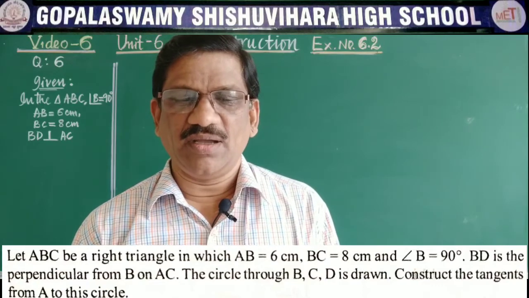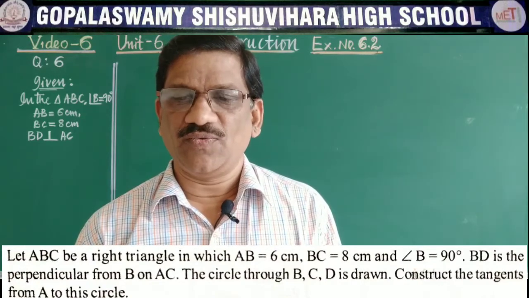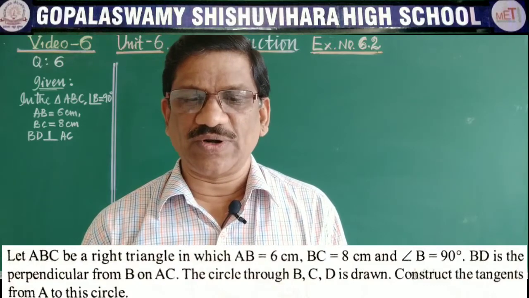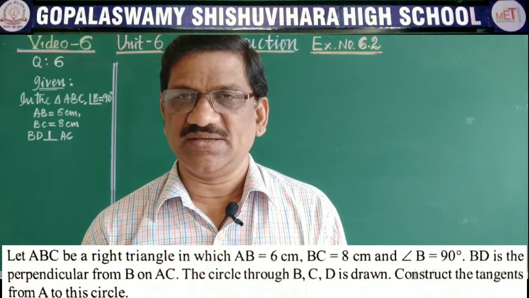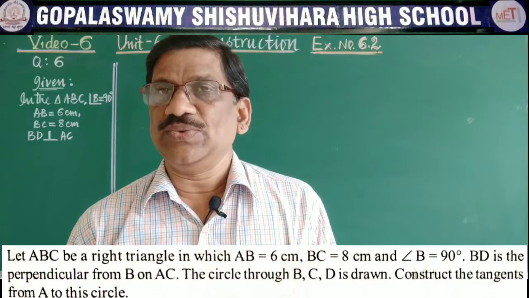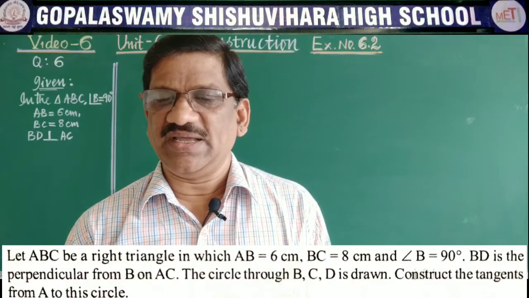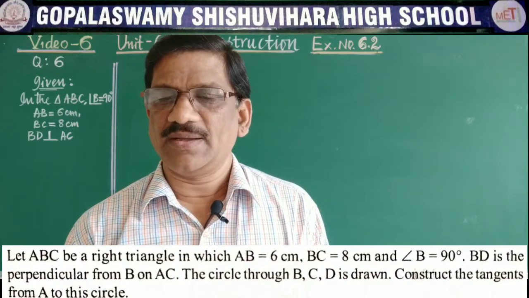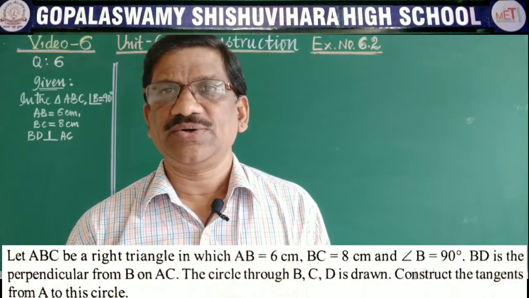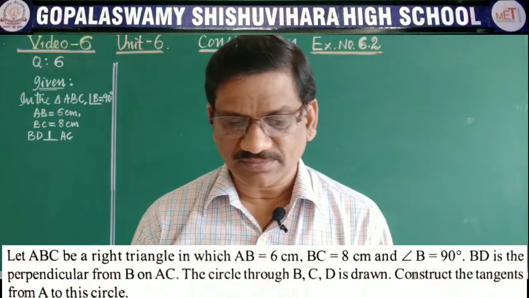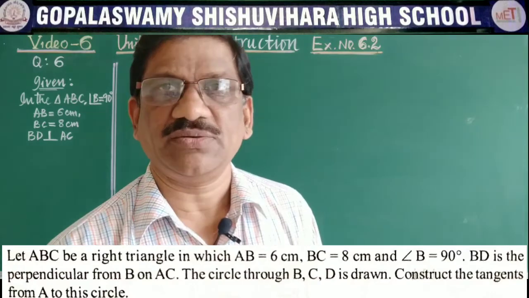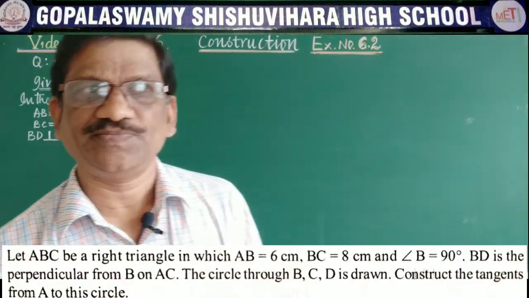BD is the perpendicular from B to AC. The circle through BCD is drawn. Construct tangents from A to this circle. Understand, children? Did you understand the question, what it is asking here?